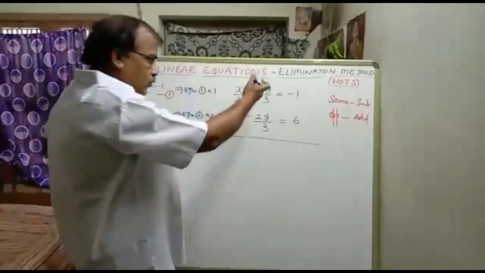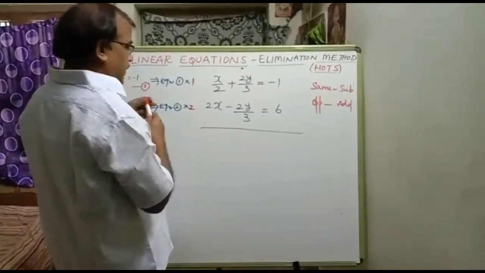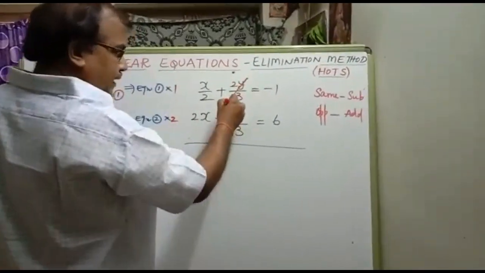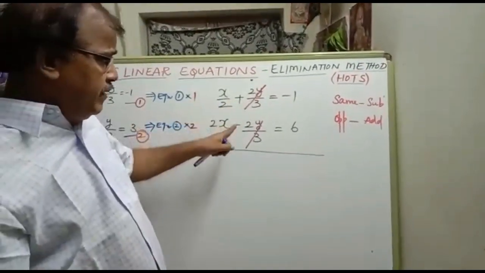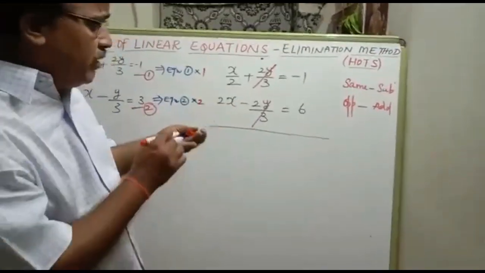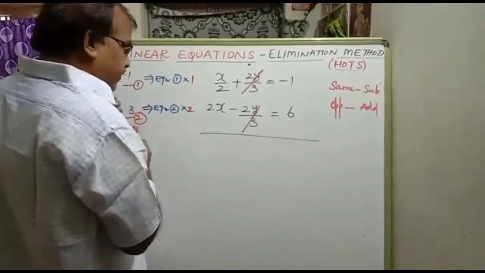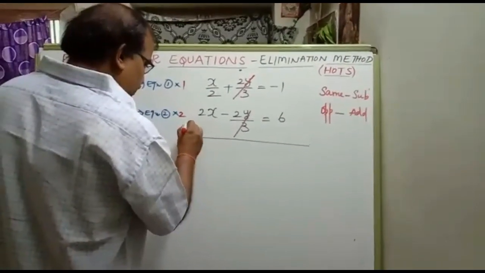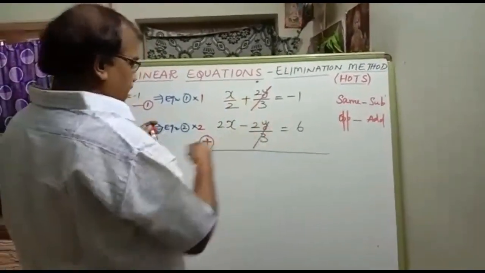As it is, I am going to eliminate y. That's why first itself I am cancelling plus 2y by 3 and minus 2y by 3. Because here the plus symbol is there, here the minus symbol is there. Opposites, that's what I am adding. If I add, it will be cancelled. So addition, because opposite signs.